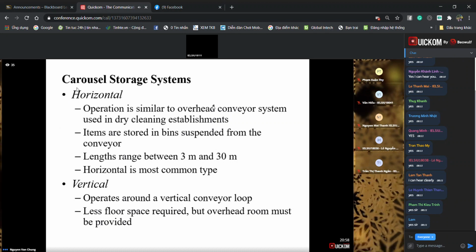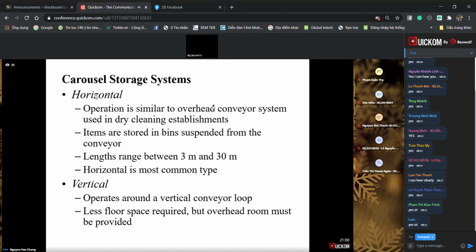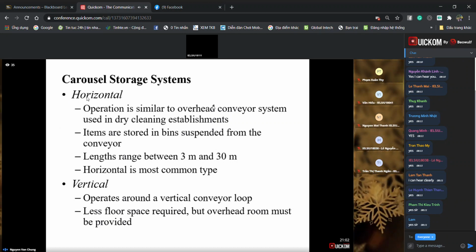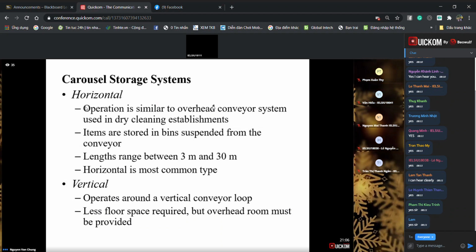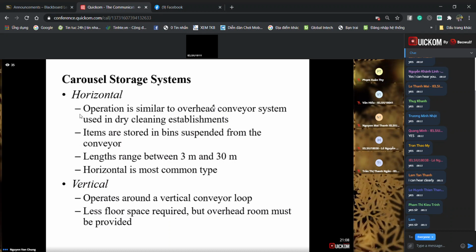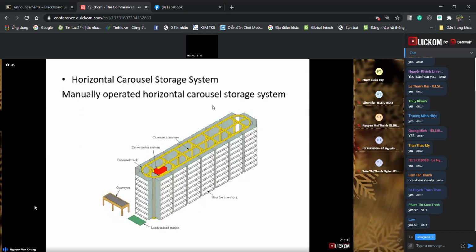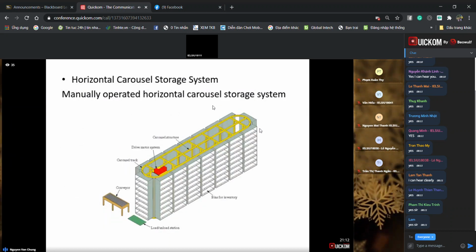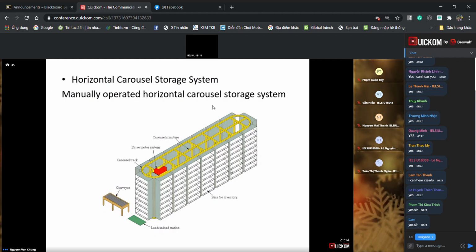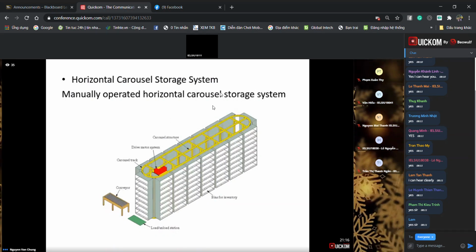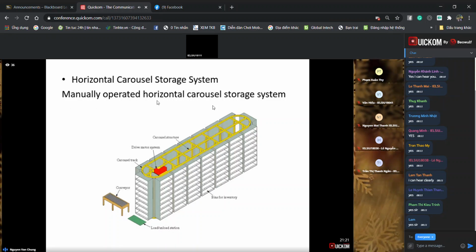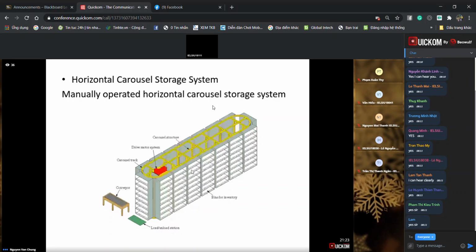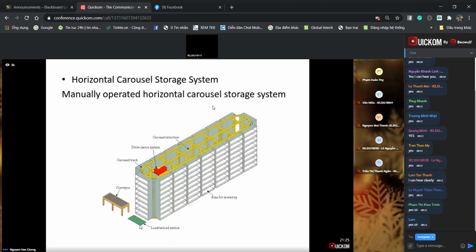And carousel storage systems, you have the two types: the horizontal and the vertical. You see here, these are for the horizontal. Horizontal carousel storage systems are manually operated.